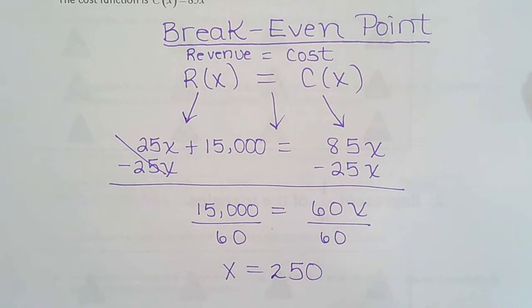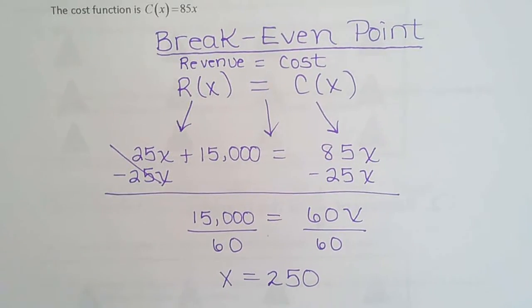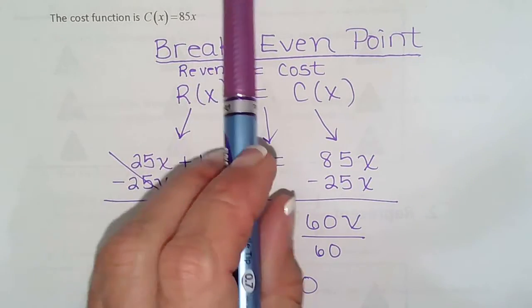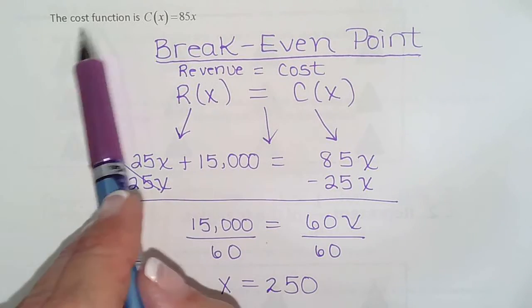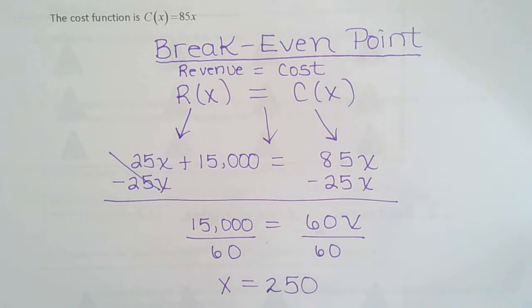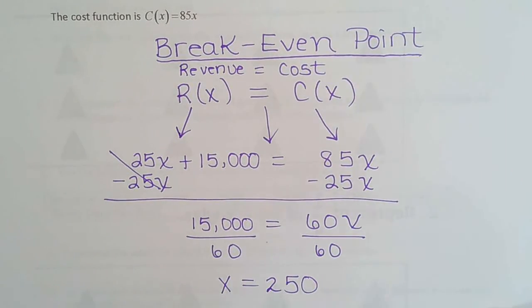So now we need to read the problem so we know 250 what? I guess they never told us. So it's just 250. It says find the break-even point, so we have to sell 250.